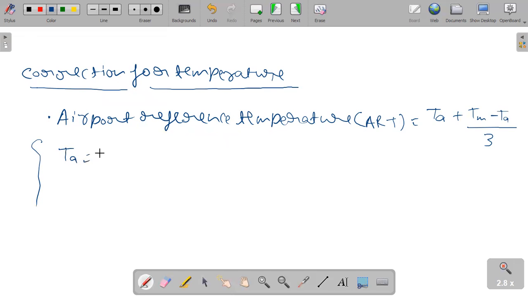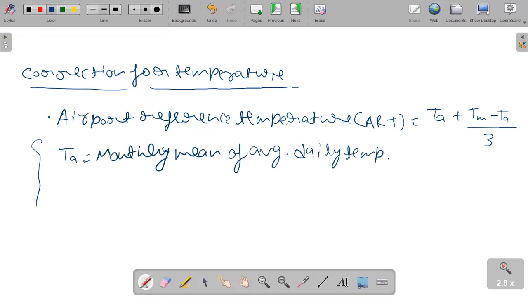TM is the monthly mean of maximum daily temperature.